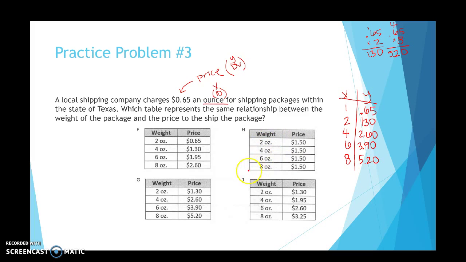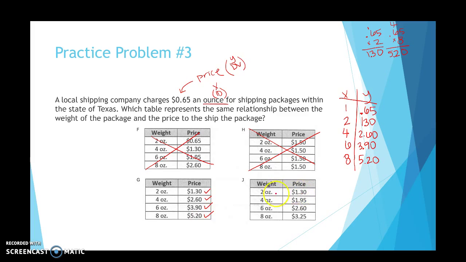I know this one's wrong because 2 ounces is $1.30 and they're not all the same. Let me look at F. F has 65 cents for 2 ounces, but it's 65 cents an ounce, so no. Number 2 has $1.30 for 2, that's right. $2.60 for 4, that's right. $3.90 for 6, that's right. $5.20, that looks right.